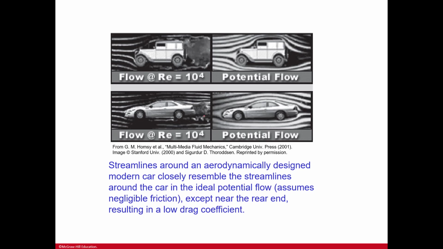And you can see, of course, the potential flows here. So when we talk about something ideal, we're negating friction, right? Ideal, we're not considering friction. And so you see these streamlines just come nicely off of here. But in real life, you do have turbulence.